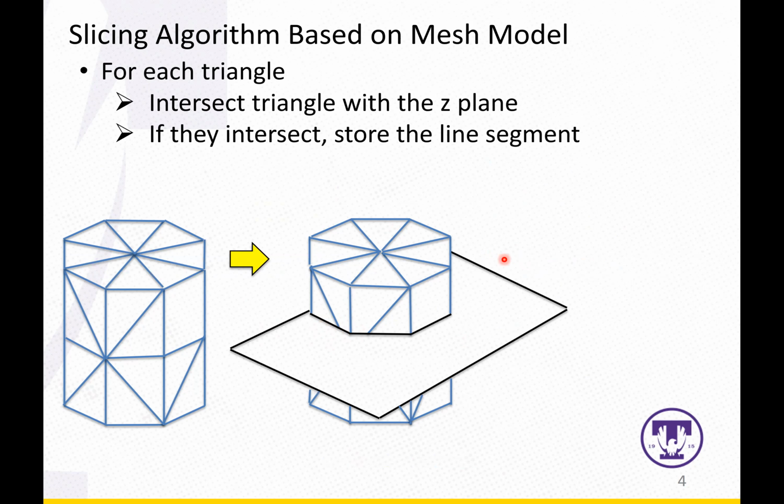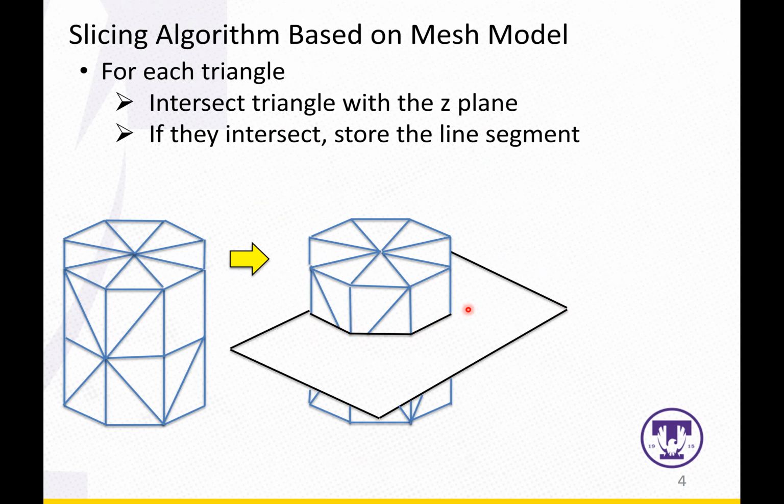As shown in this figure, if that plane has an intersection curve with this 3D model, then we just store all the line segments in an ordered way.